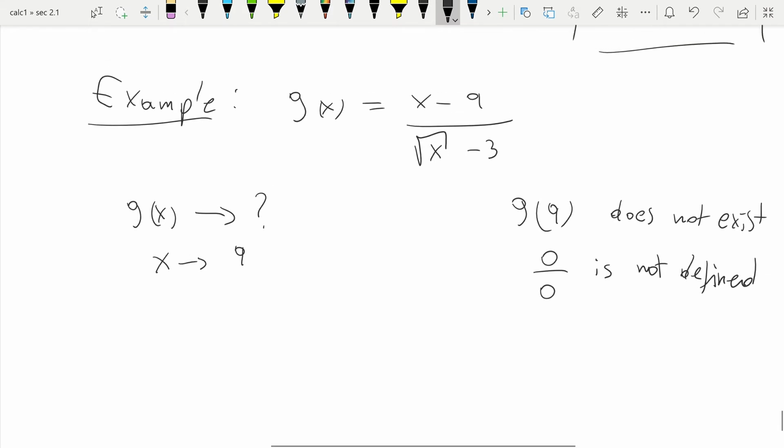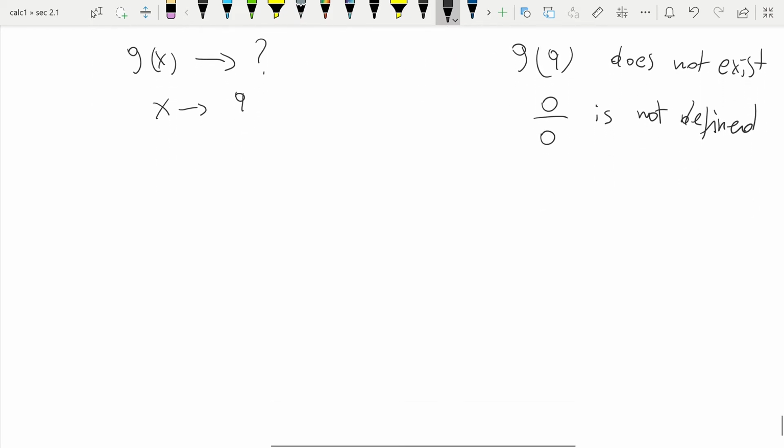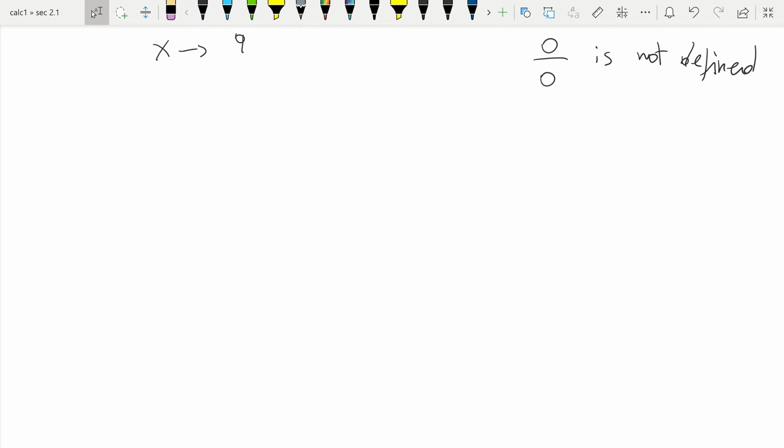As you see, if you look at the numerator here, when you plug in 9, you get 9 minus 9, which is 0, and at the bottom we get the square root of 9, which is 3, minus 3, that's equal to 0. So we cannot compute the limit by simply plugging in the value of 9.